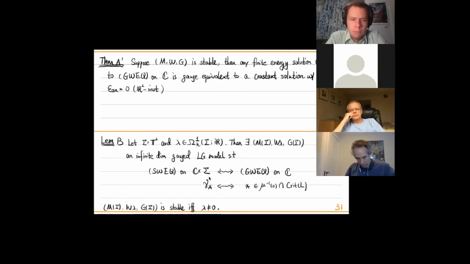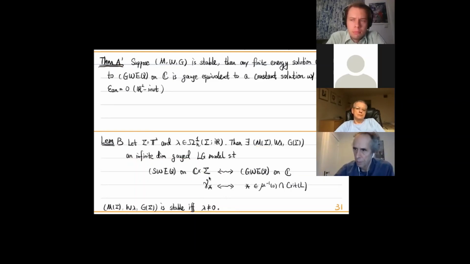So using Lemma B, you can reduce Theorem A to Theorem A prime. The only difference is that in Theorem A, the dimension is infinite. So we have to specify the Sobolev norm for the Kähler manifold to produce the right topology.